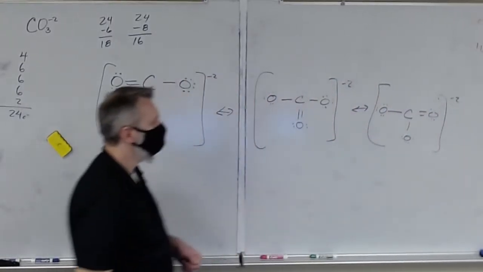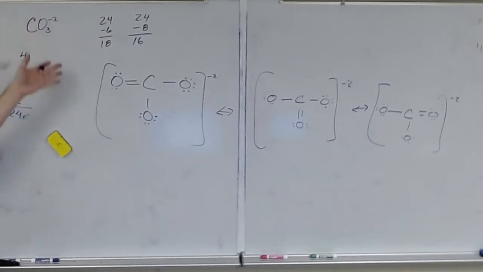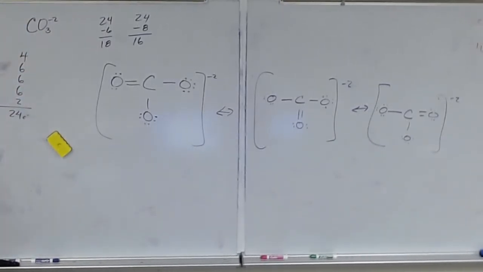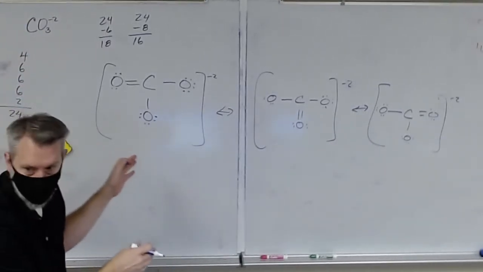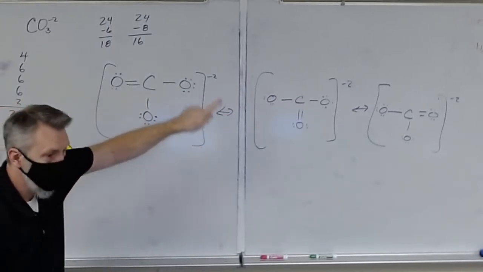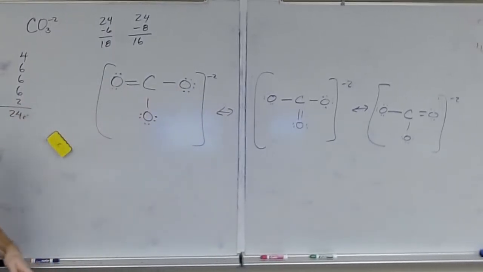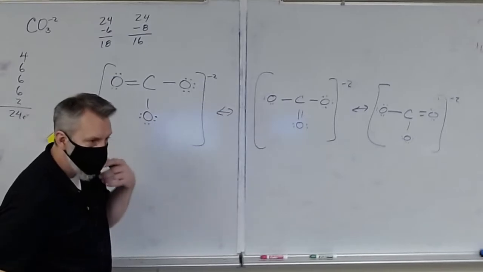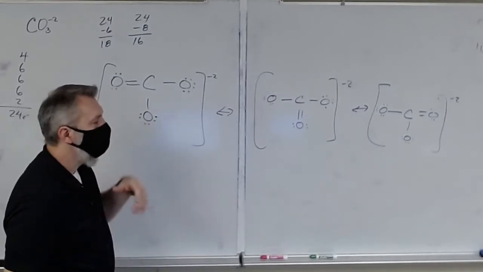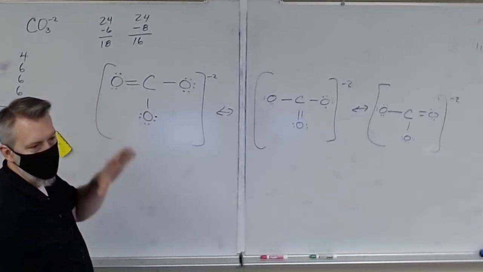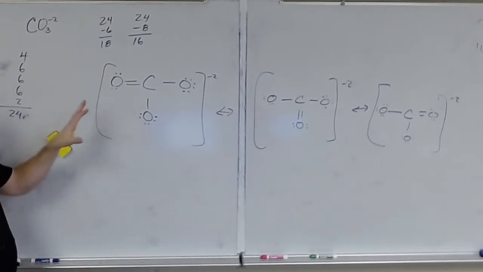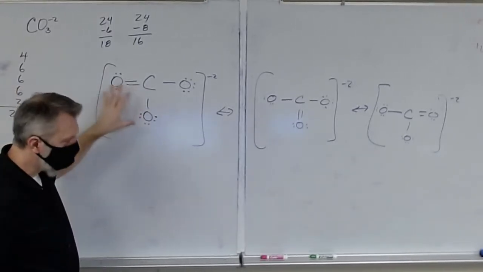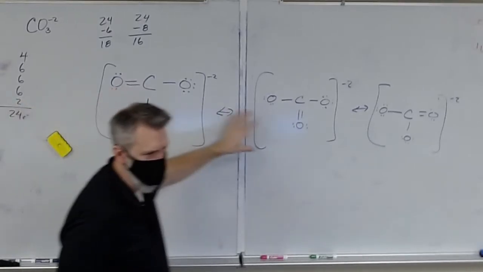That's carbonate. Not just that, all of it together. When do we know how to draw all of the resonance? If I ask you specifically, draw the Lewis dot structure of carbonate, or sulfate, or anything that needs a Lewis dot structure, resonance structure, you need to draw the whole thing.